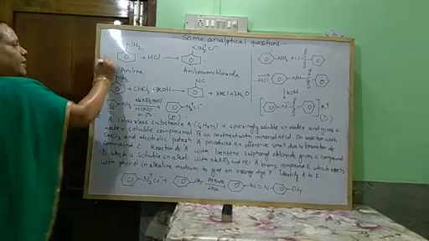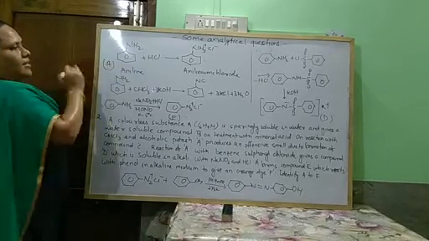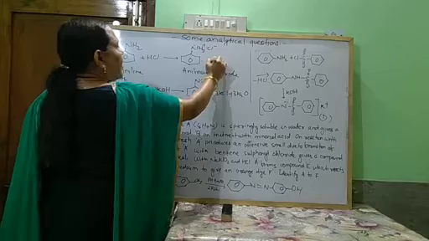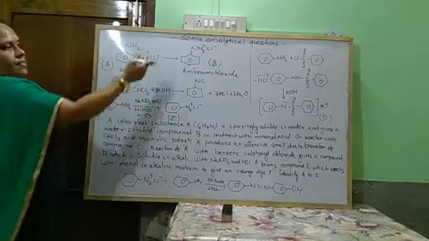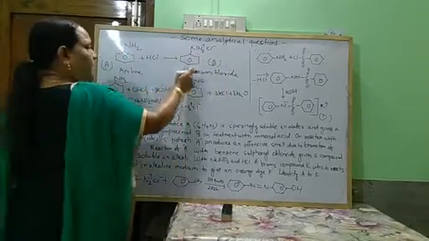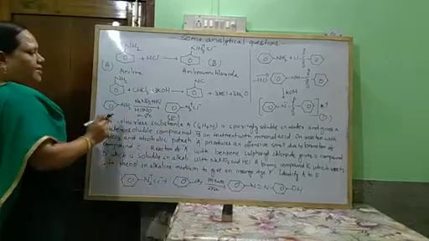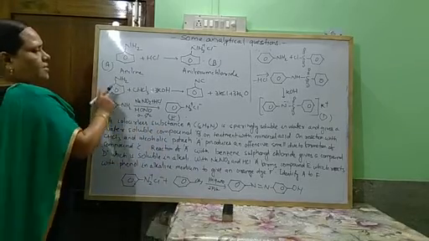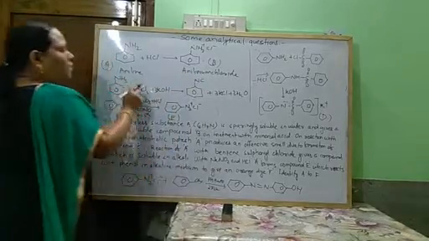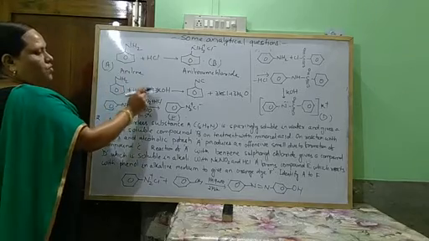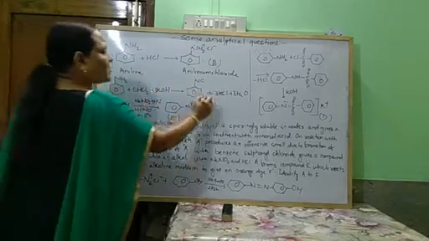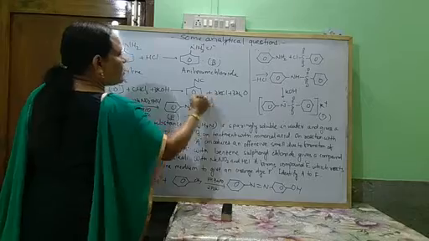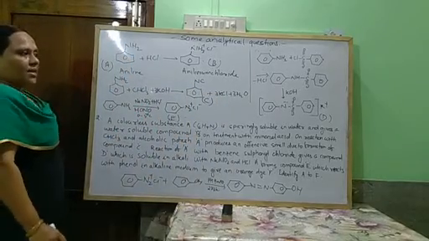Okay, so A is aniline, B is anilinium chloride. If you take sulfuric acid, then anilinium hydrogen sulfate, and this reacts with chloroform. A reacts with chloroform and potassium hydroxide to form phenyl isocyanide.